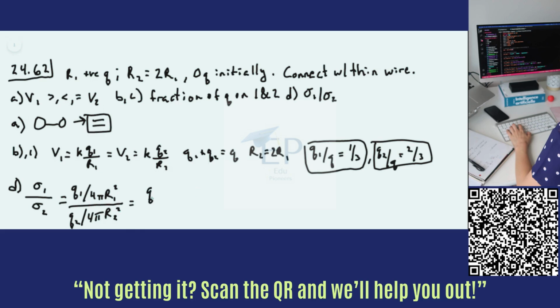So then this equals Q1 over Q2 times R2 squared over R1 squared. And so then putting in the fact that we know what multiples of each other all of these things are, we find that the ratio of the charge densities is 2.